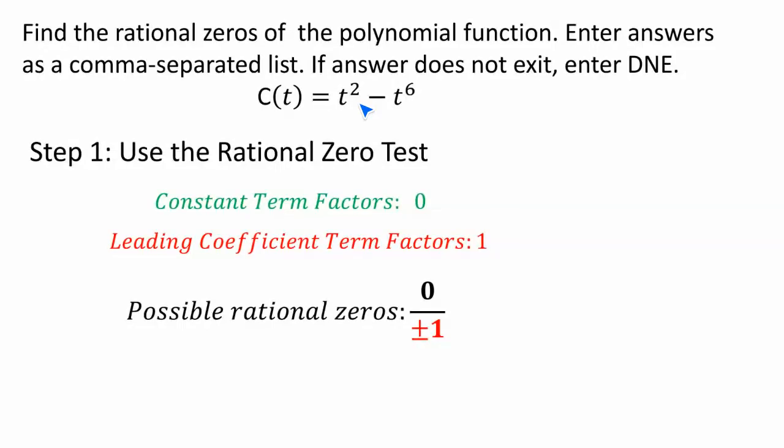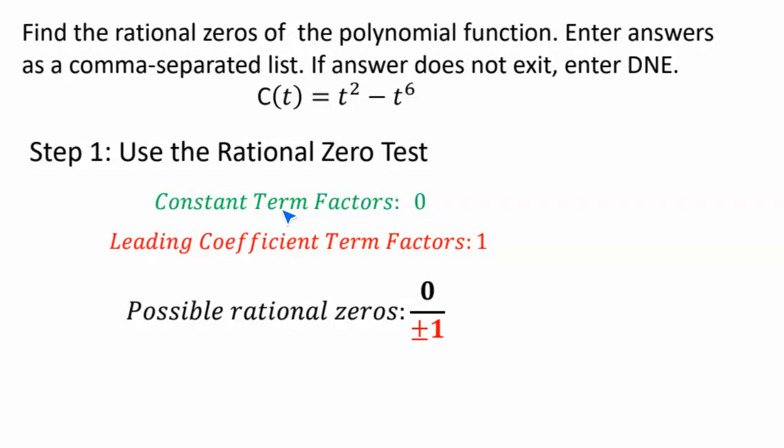So you would end up with t squared times the parentheses 1 minus t to the 4th, and then you can factor that out as well. And so for some of us, factoring works better, and that's fine. So you could factor at the beginning to try to get your zeros, but I'm going to go ahead, since we're practicing with the zero tests, and go that route.